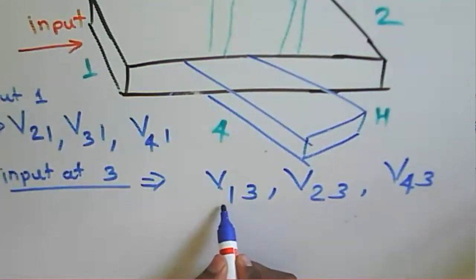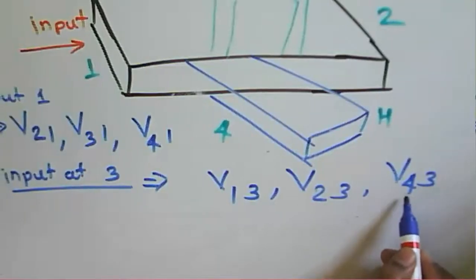So 3 is the input and 1 is the output, 3 is the input and 2 is the output, 3 is the input and 4 is the output.